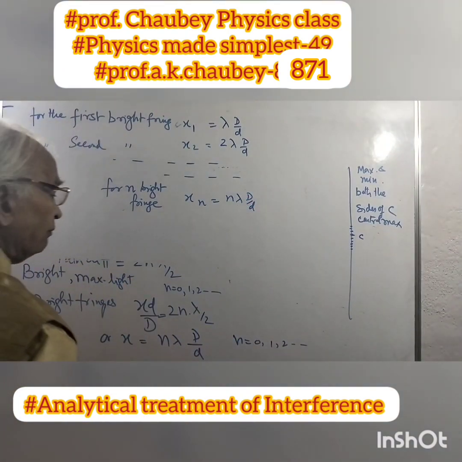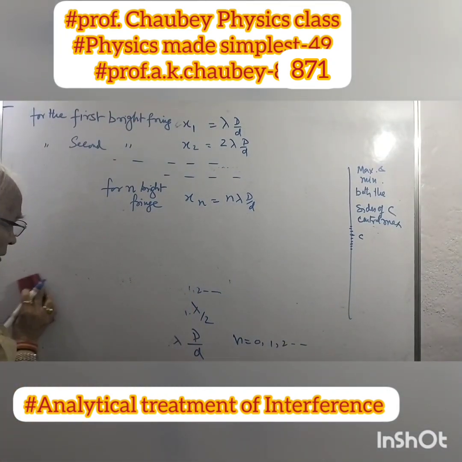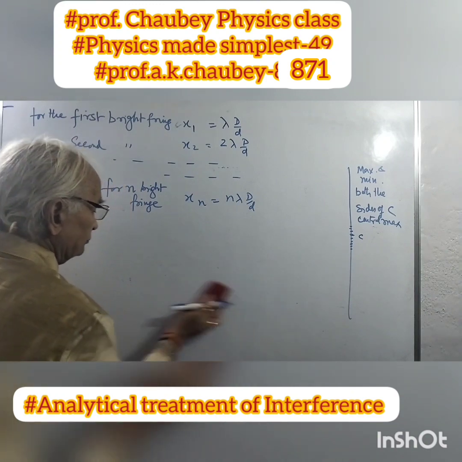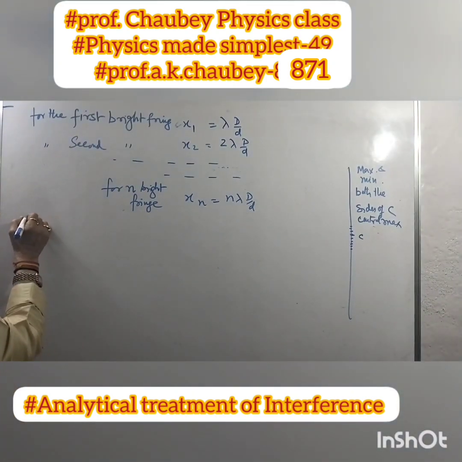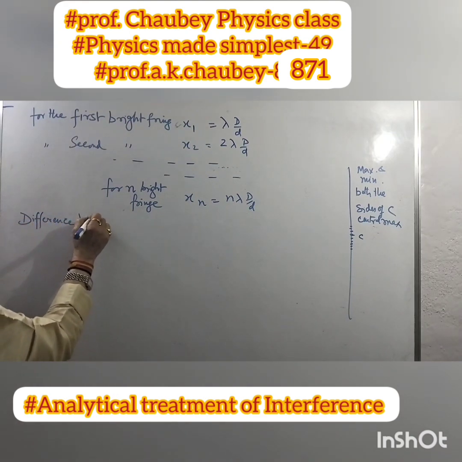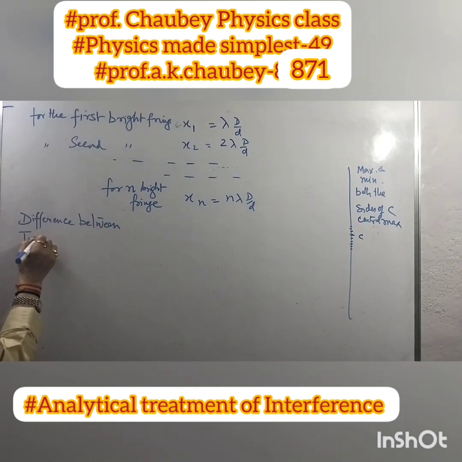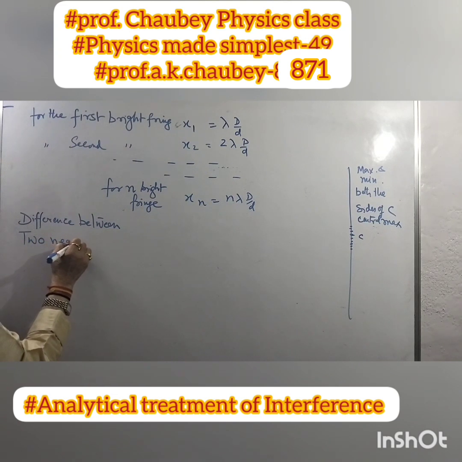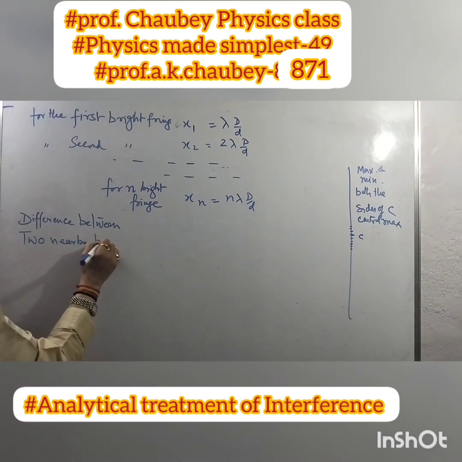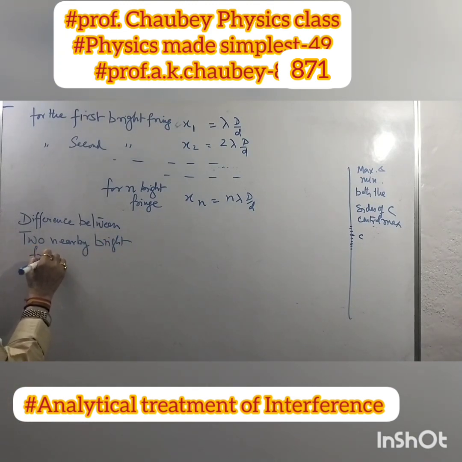So this way, the difference between two nearby bright fringes is called the fringe width. What do we get?